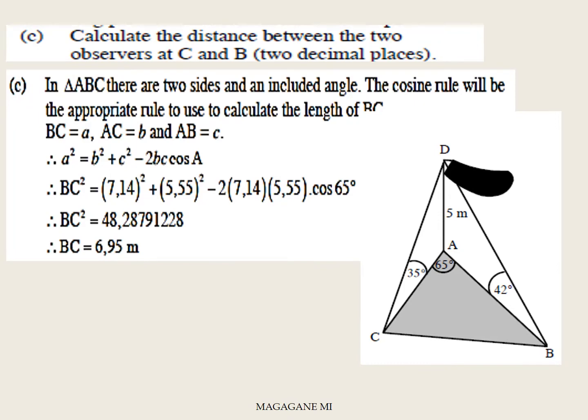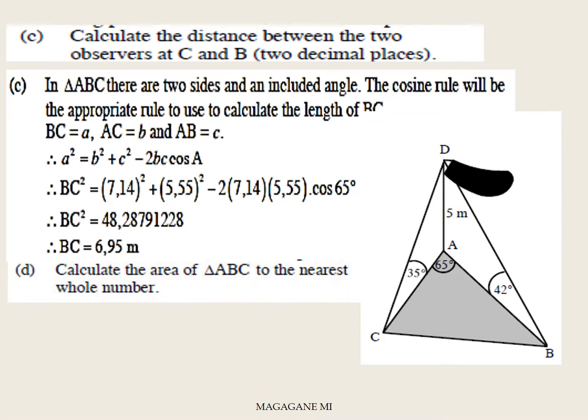So BC squared equals AC squared plus AB squared minus 2 times AC times AB cos A. Then we substitute: BC squared equals 7.14 squared plus 5.55 squared minus 2 times 7.14 times 5.55 times cos 65.